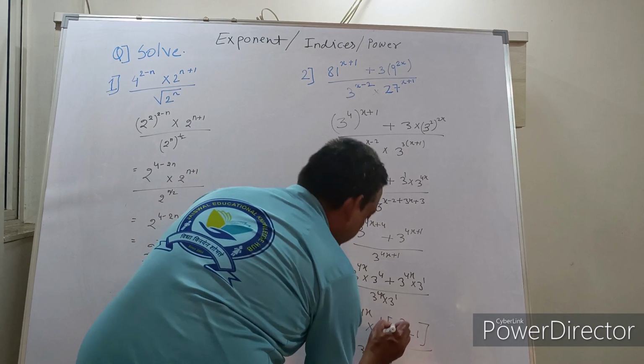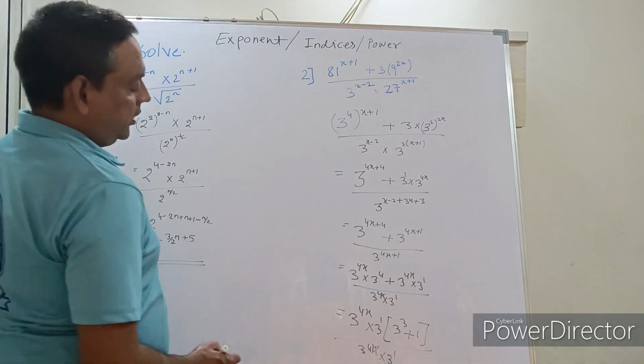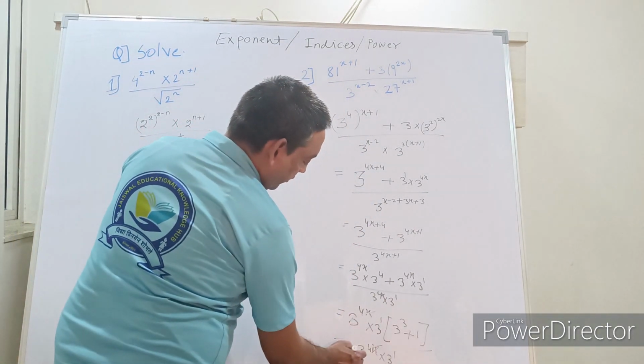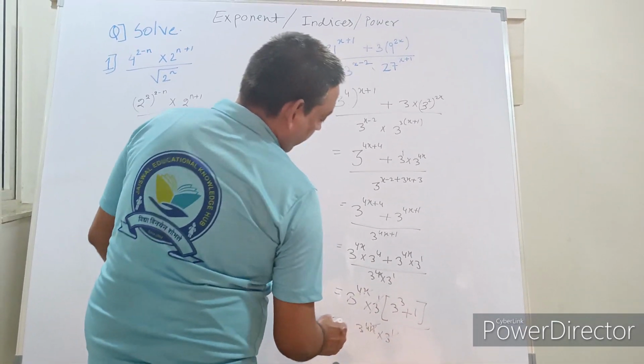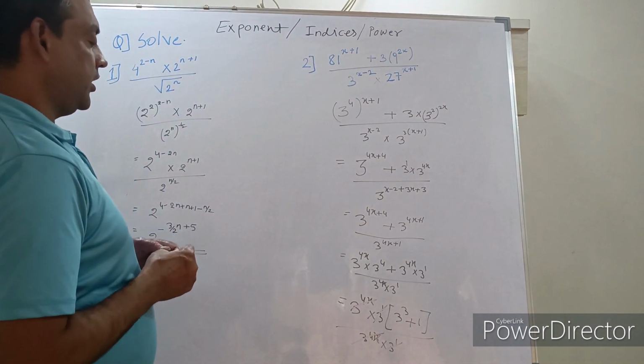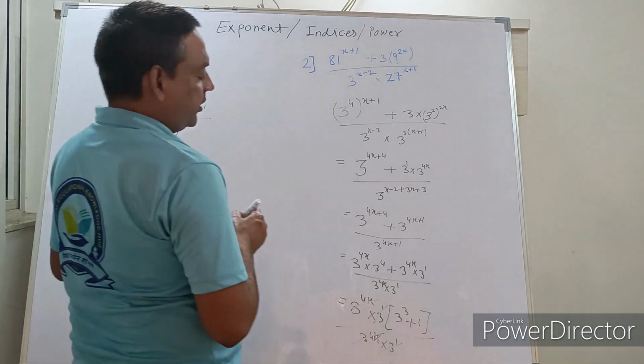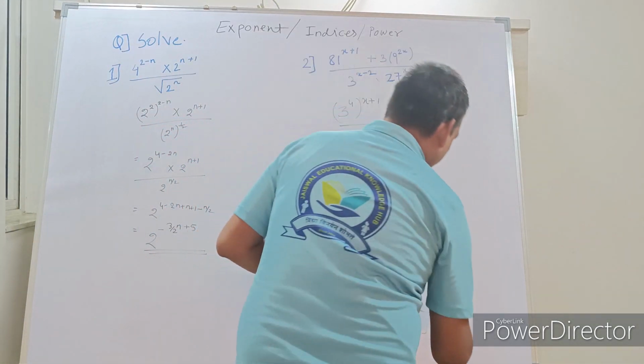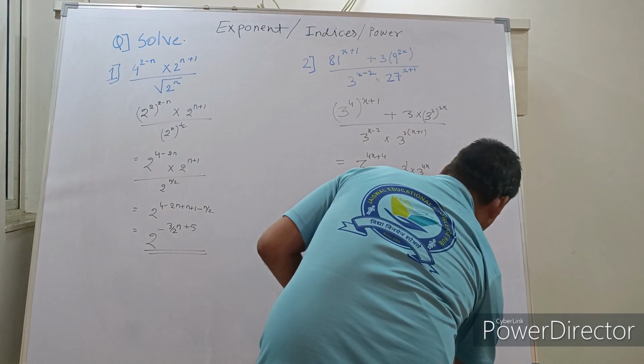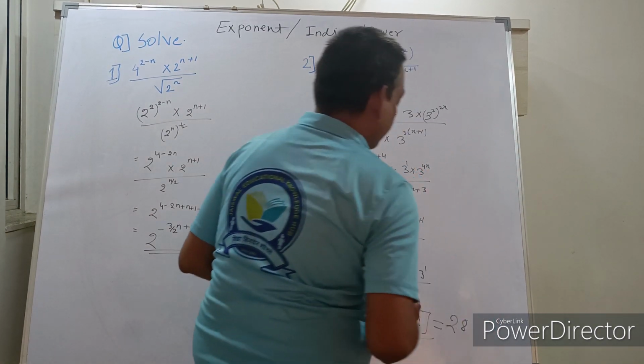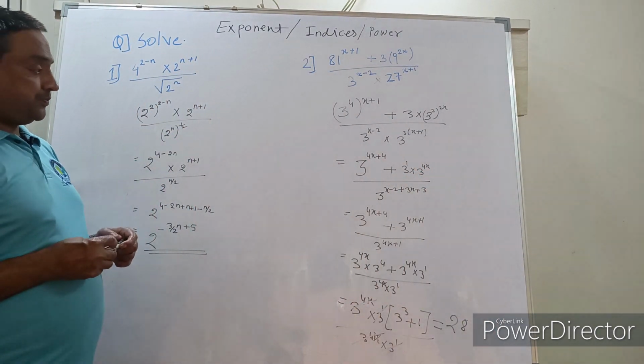Okay, this is x. So 3 raised to 4x gets cancelled and 3 raised to 1 also gets cancelled. So 3 raised to 3 gives you 27 plus 1, 28. So the final answer is 28.